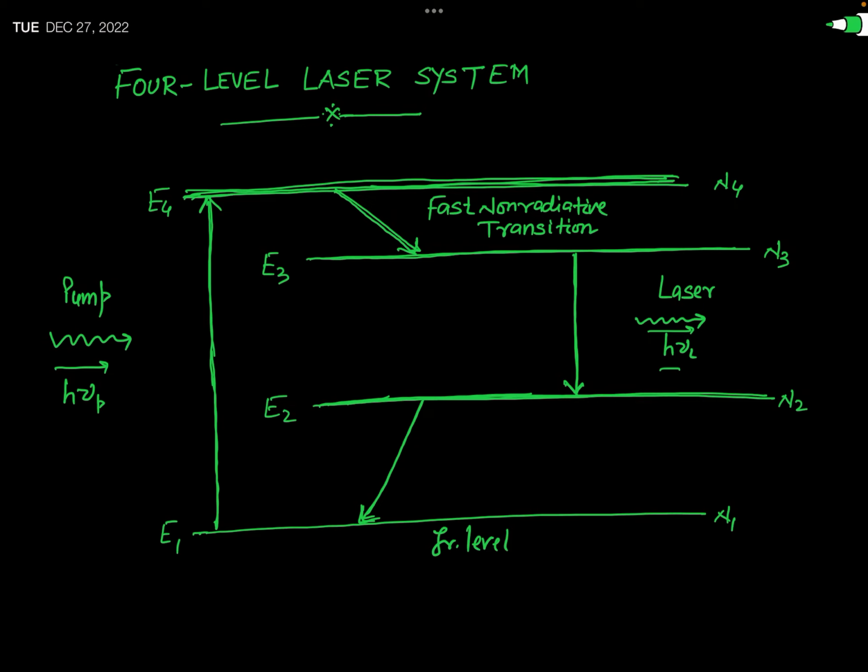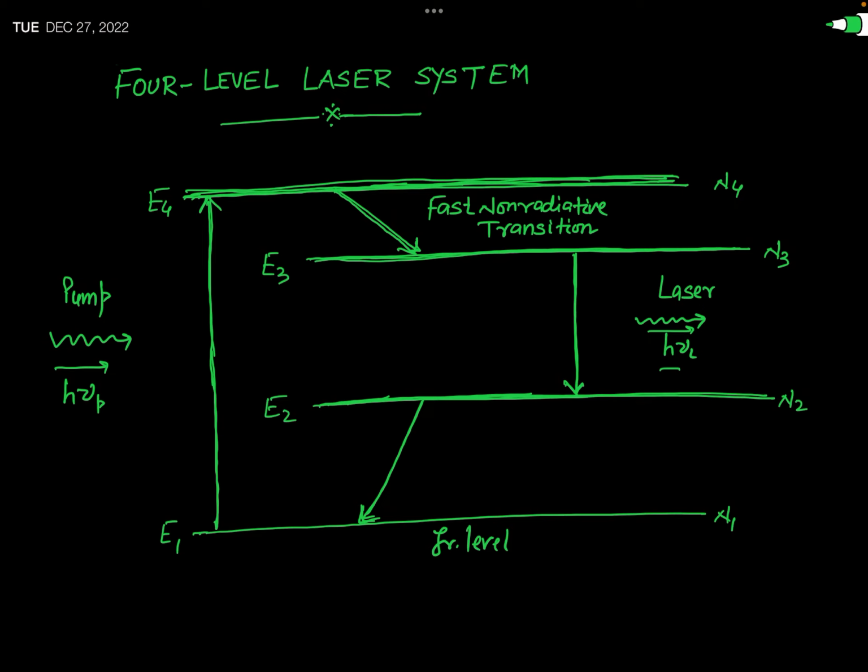So in a nutshell, the atoms in the ground level are pumped to the fourth energy level, which is just an energy band, and from this fourth level the atoms suffer a fast non-radiative transition. The mean life of atoms in this fourth level is very small, and this transition ends at the third energy level, which is a metastable energy level. This E3 is a metastable energy level, and the mean life of atoms in this level is very large in comparison to the fourth energy level.